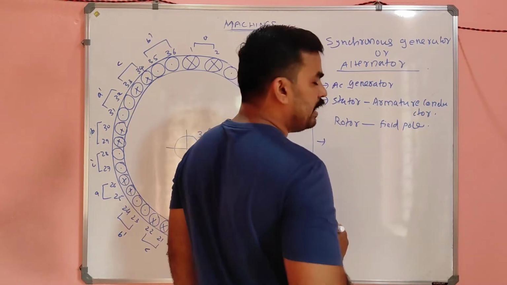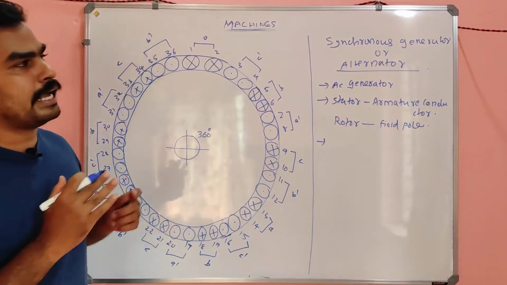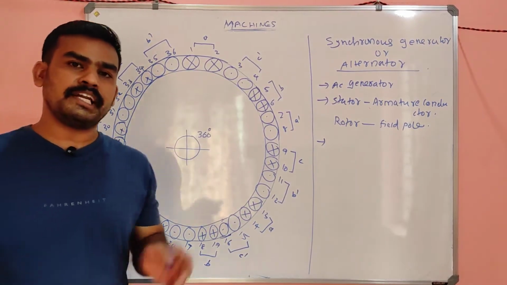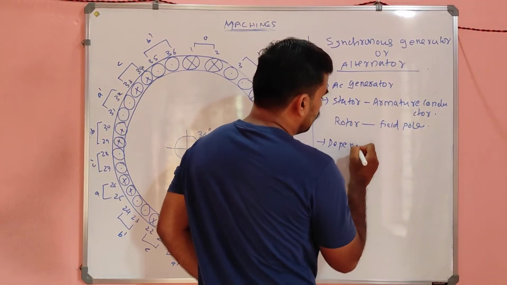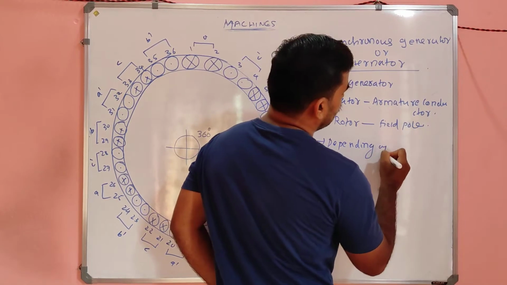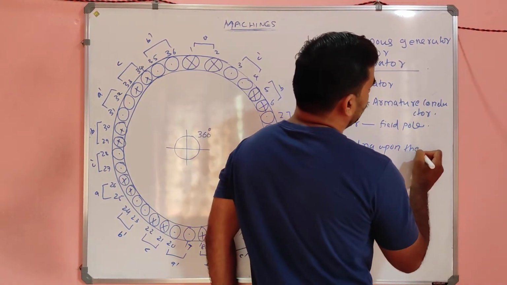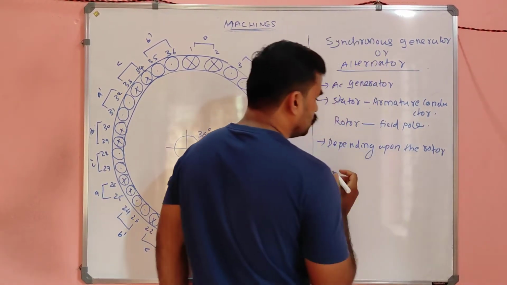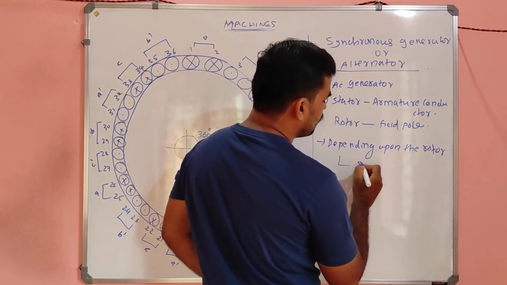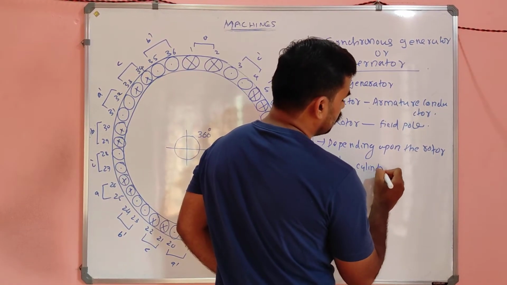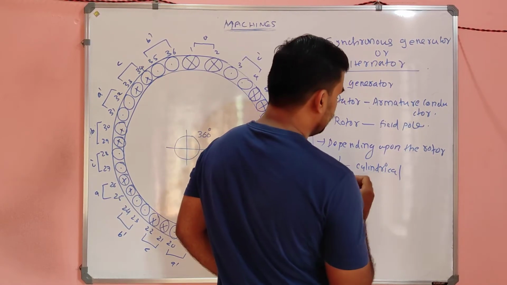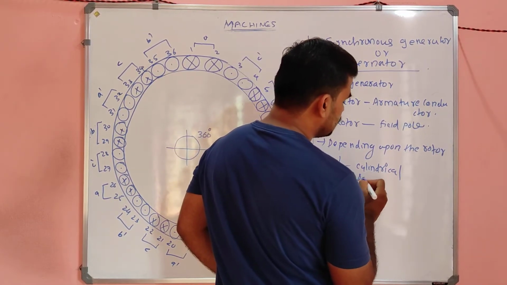Normally there are two types of alternator depending upon the rotor construction. One is cylindrical and another one is salient pole.